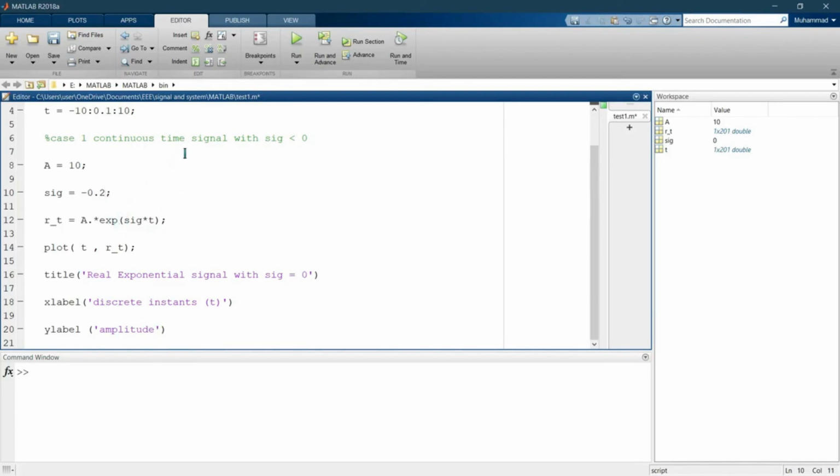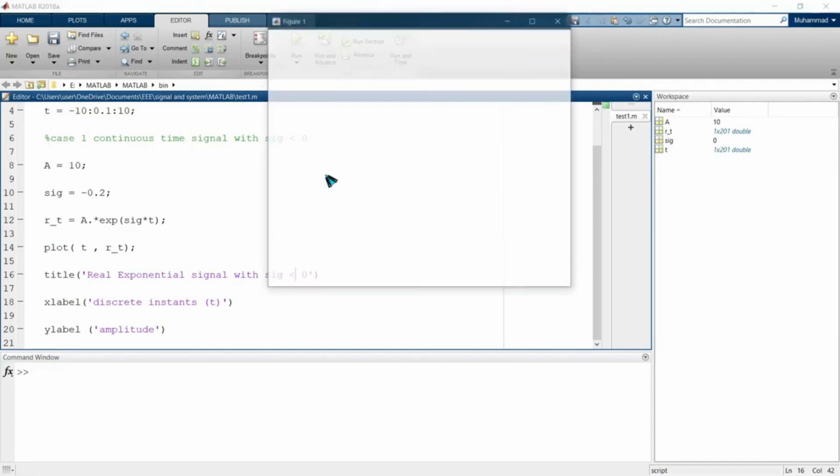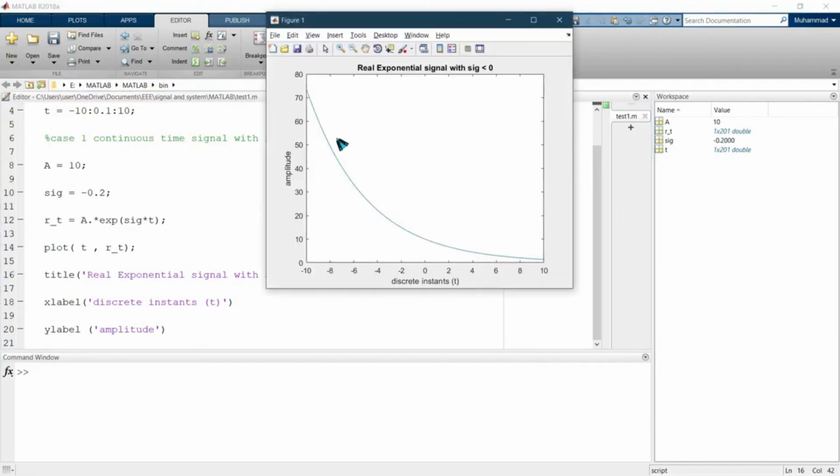Since it is exponential, the y-axis of the graph will be big if I give very big numbers over here. My title will also change. So let's see how the graph looks. We have got a decaying exponential graph, and the x-axis is from -10 to +10, and the amplitude, that is when t is equal to 0, we get 10. That is the amplitude we have given.